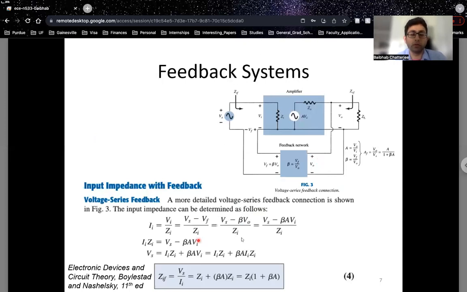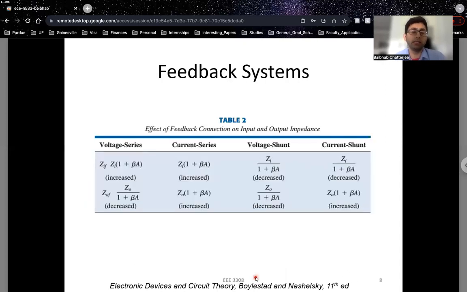That will be clear if you solve these KVL equations. So this is what you should actually do if you want to be mathematically rigorous. But if you just want to remember what kind of feedback increases your output impedance or reduces your input impedance, you can just do it using the method that I just told you. So that's the basic theory of feedback.